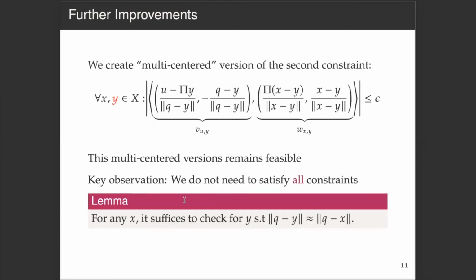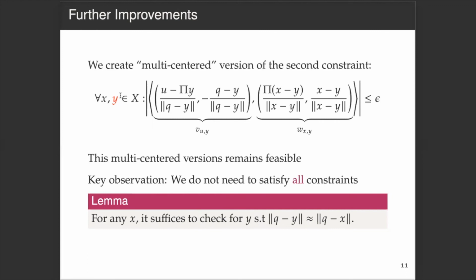We're going to start by expanding the second set of constraints. Recall earlier that our inner product constraints only required us to satisfy the inner product constraint centered with respect to the true nearest neighbor X star. Whereas now we want to satisfy the inner product constraint centered at any other point X in the data set.